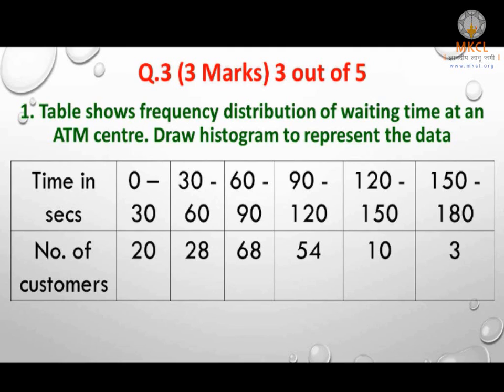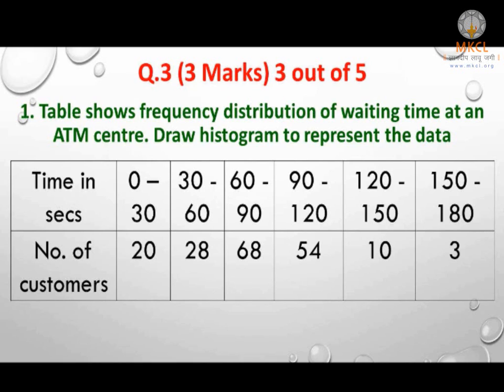Another thing, if the lower limit of the first class is 0, that means the bars are going to be attached to y-axis, as is the case here. But if the first class starts at some other number except 0, then you will need a kink mark.